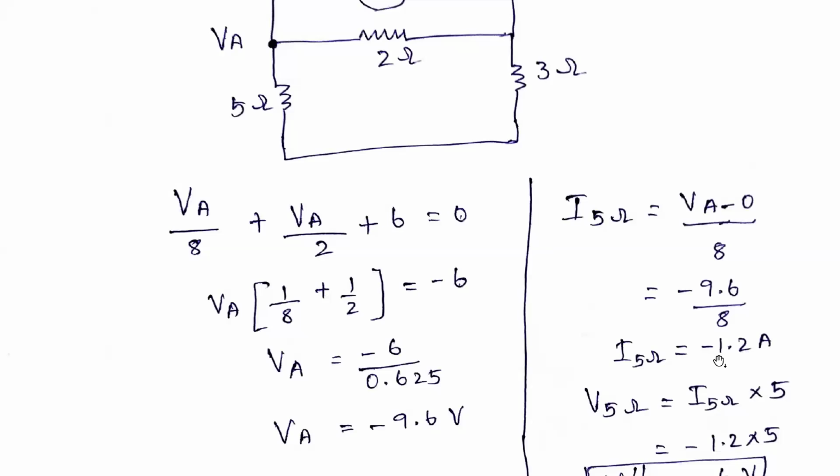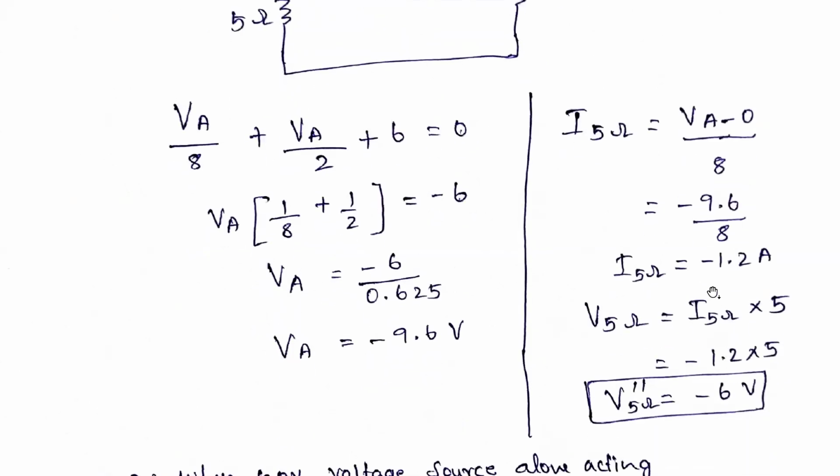Now we need to find out the voltage in the 5 ohms. Voltage in the 5 ohms equals current in the 5 ohms times 5 ohms. Minus 1.2 into 5 ohms will become minus 6 volts. That we are taking as V5 ohm double dash.